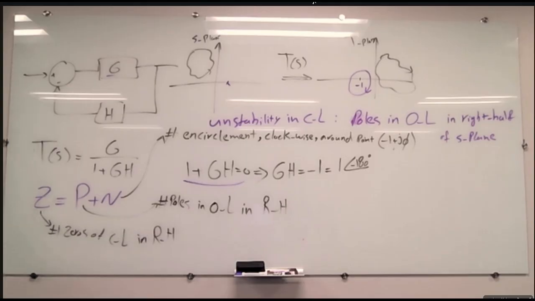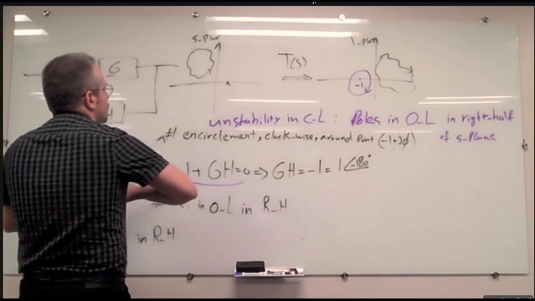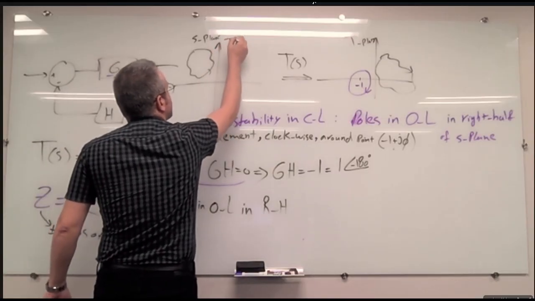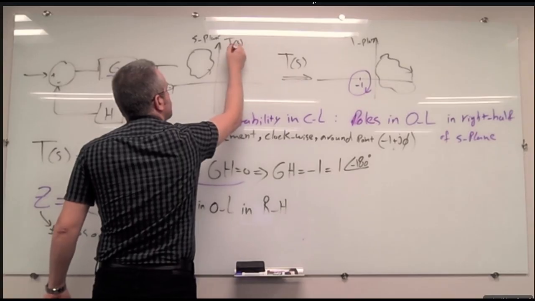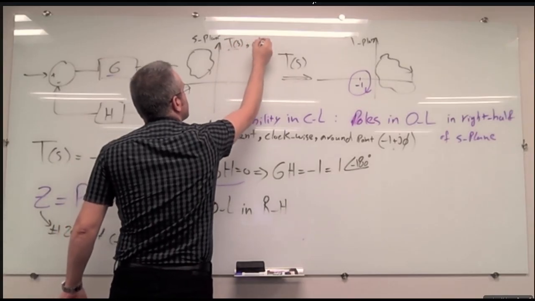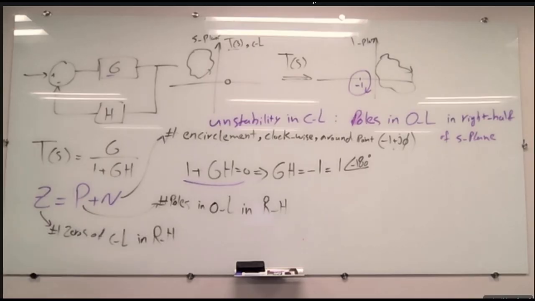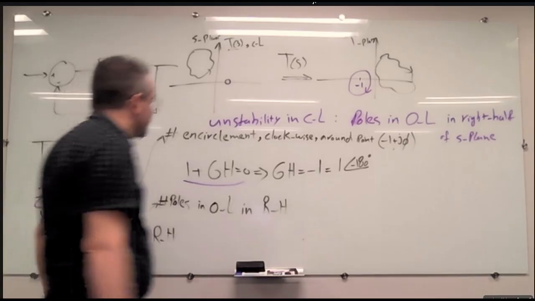If it happened that the zeros of our closed loop happen to be in the right hand side, let's say this is T of S, the closed loop system, if we have zeros here, and in our open loop we have poles also in the right hand side.